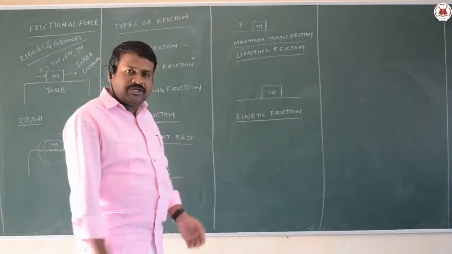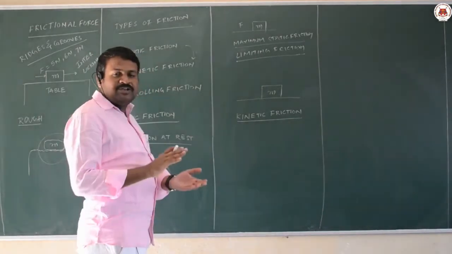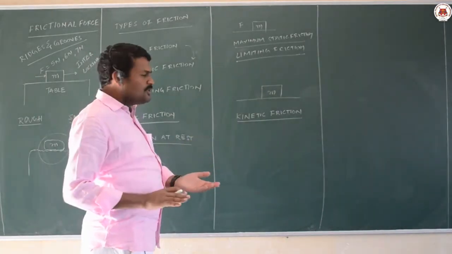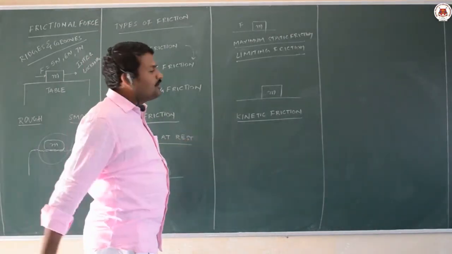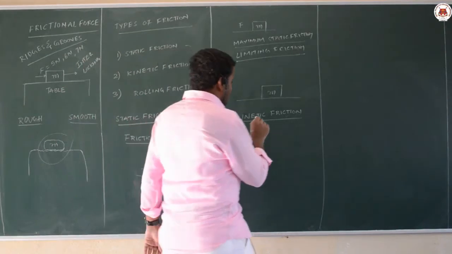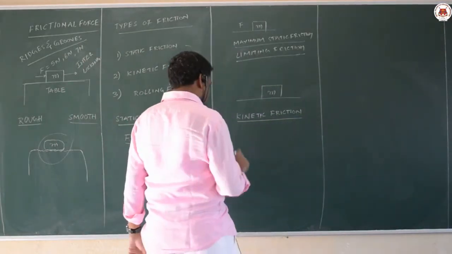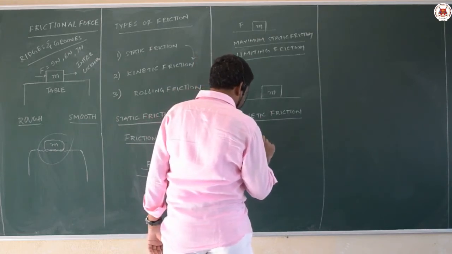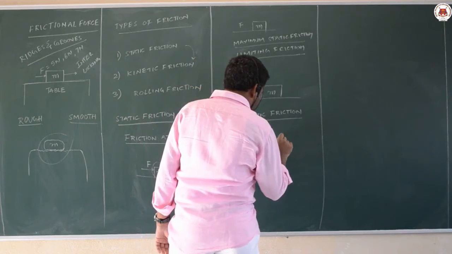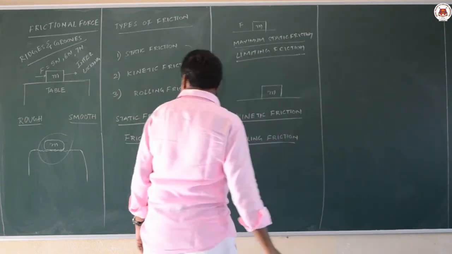When the body is in movement, interlocking is not possible. It will be a little bit less because already it is in motion. So the ridges and grooves will not contact more. That's why kinetic friction will be less than static friction. And next, rolling friction. When one body is rolling on another body, rolling friction comes into play.